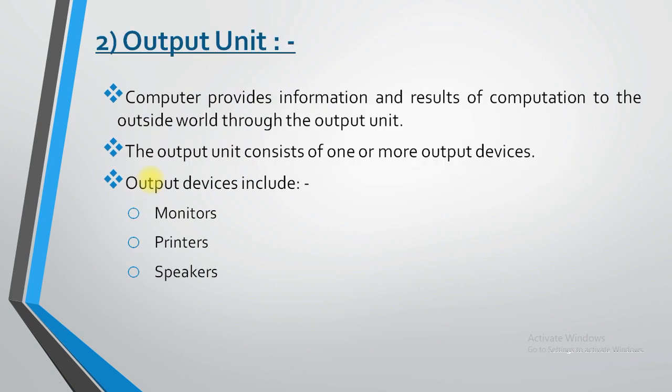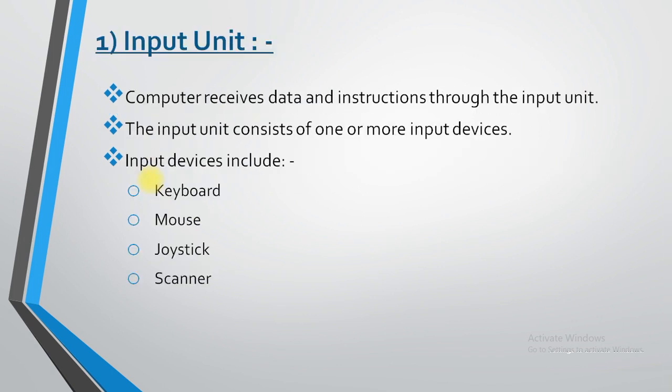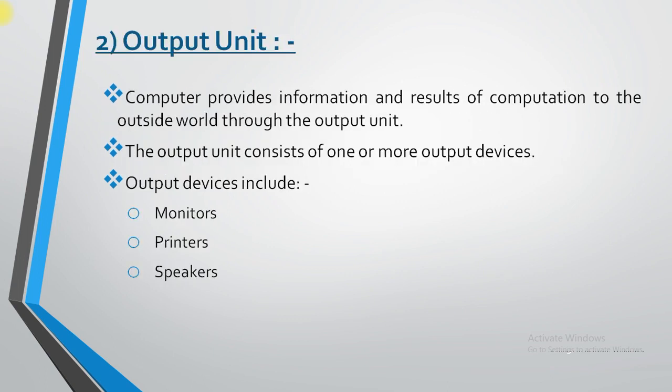Next is called the output unit. Whatever topics we have mentioned over here in the input unit, you can copy and paste them over here, and you can make the corrections related to the output unit. First, the computer provides information and results of computation to the outside world through the output unit.